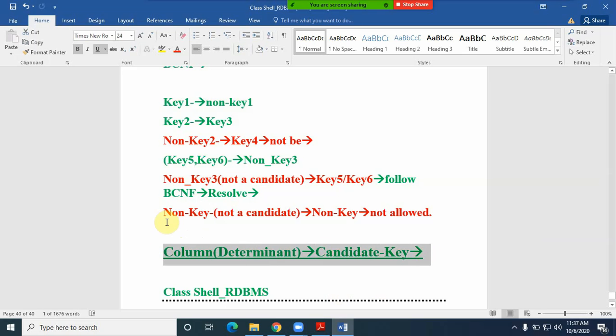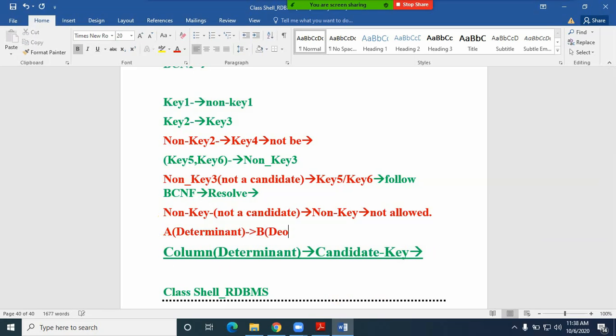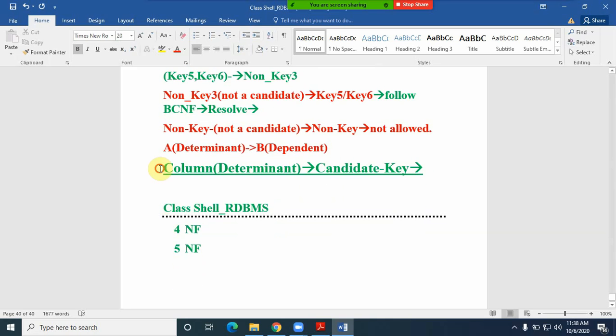Suppose A functionally determines B. I can say this A is the determinant, and B is nothing but the dependent. Now observe, the condition we need to achieve is that every determinant must be a candidate key. In that case, we have seen some examples and achieved that.